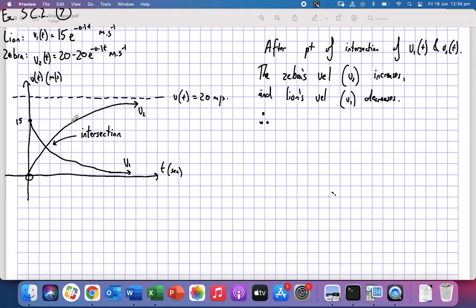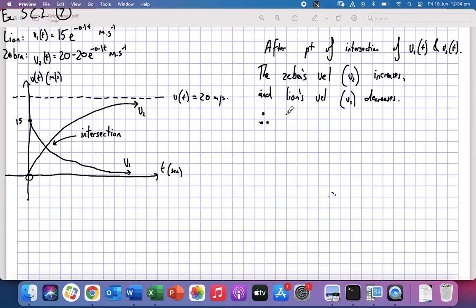So the book's question's slightly different. They're saying, why is it that is the closest point, right? Because prior to that, the lion was always faster than the zebra. Okay, we could say, probably want to write that as well.